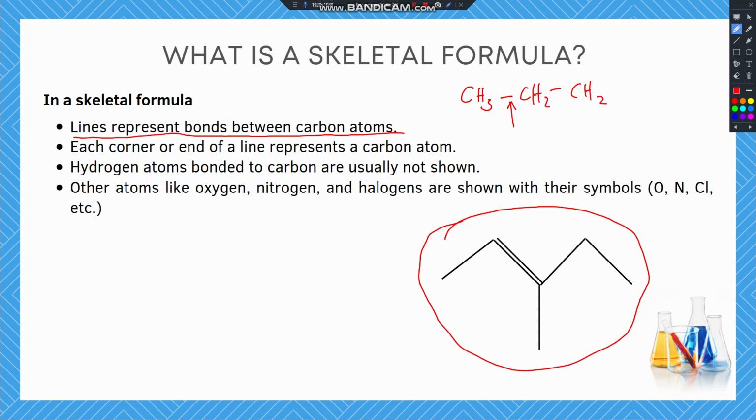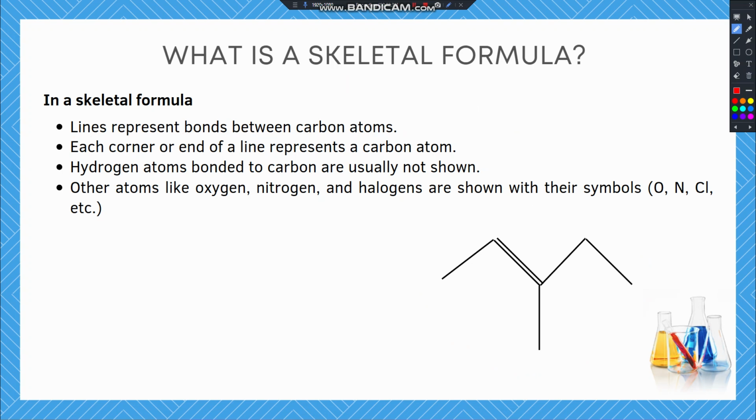But in this case, the skeletal formula denotes the bonds between carbon atoms by the usage of lines throughout the structure. As you can see over here, lines are used to denote the bonds occurring between carbon atoms. And the next thing about the skeletal formula is that each corner or end of a line represents a carbon atom.